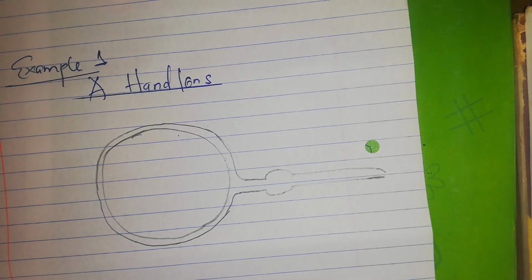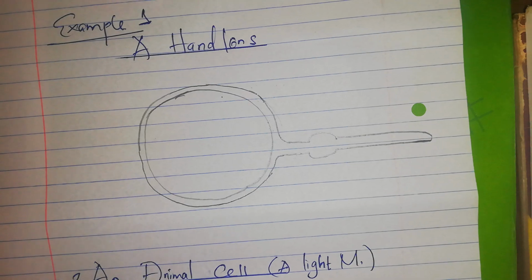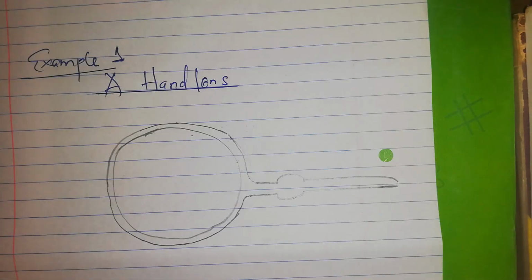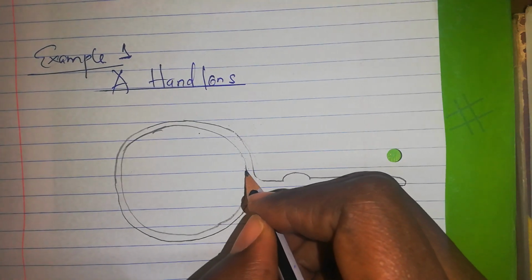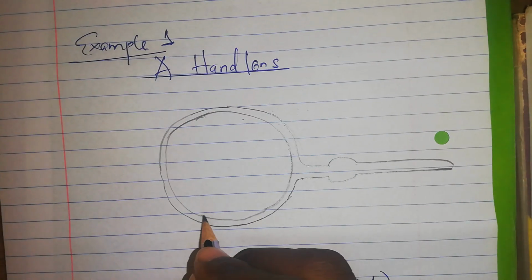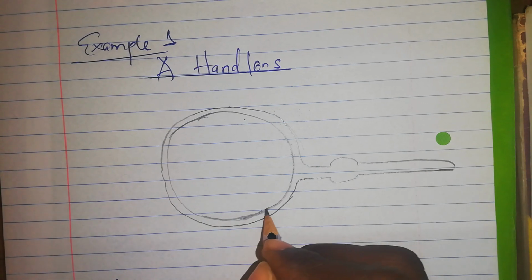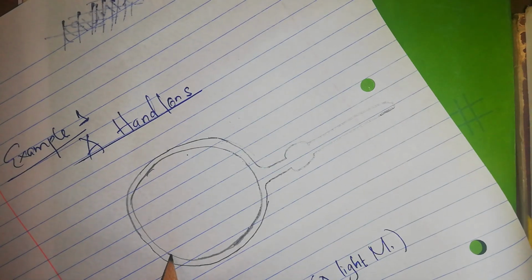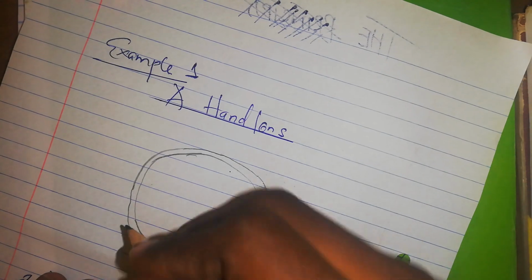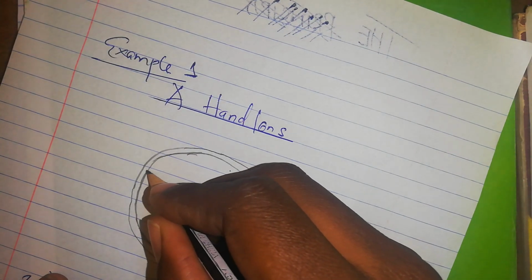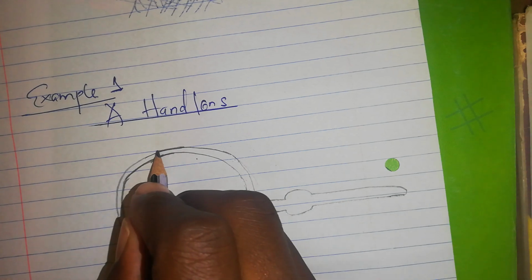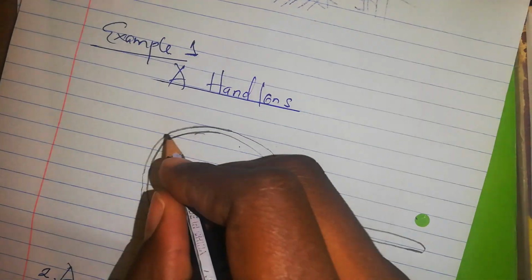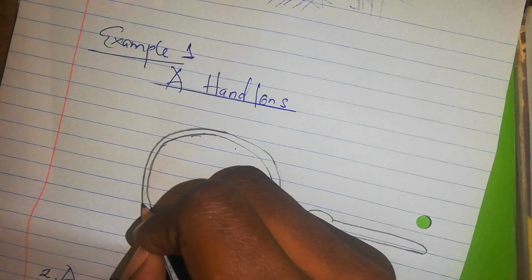So you look at this, this one needs to be clear. This is our hand lens. Using a sharp pencil, ensure that your diagram is big enough in the space provided.